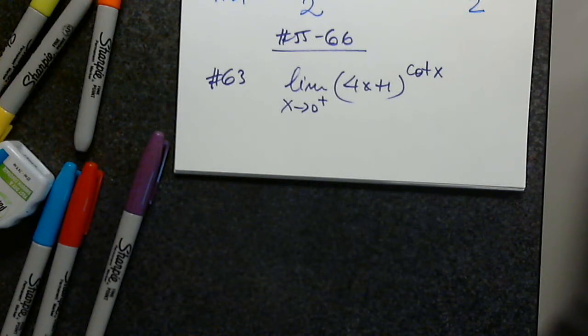Like you did, apply the natural log to both sides, so we're going to apply the limit to both sides. So the limit as x approaches 0 from the right of natural log y equals the limit as x approaches 0 from the right of cotangent x times natural log of 4x plus 1.